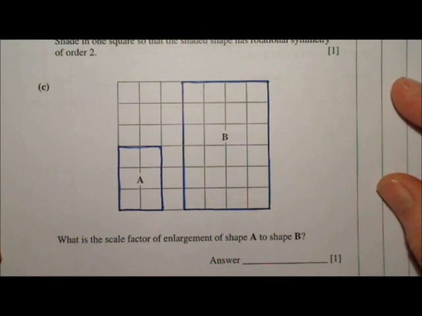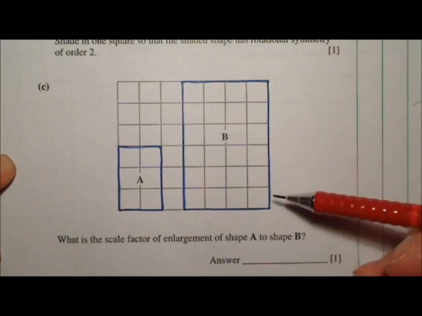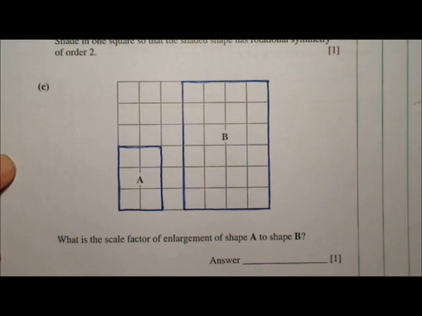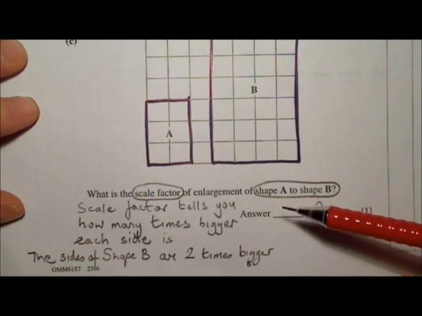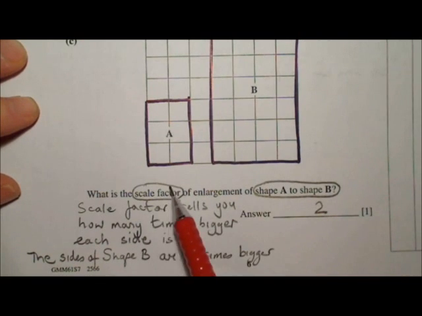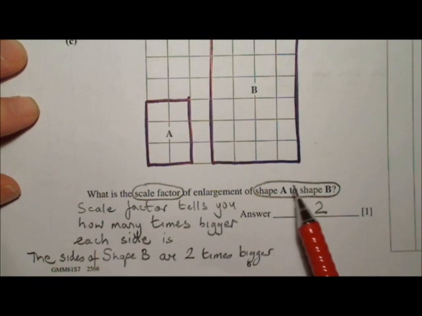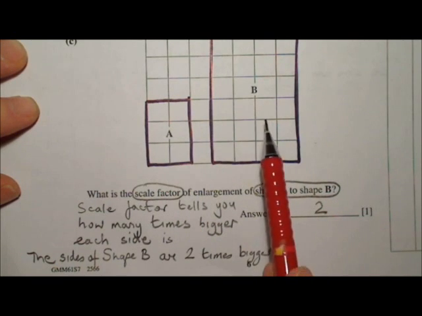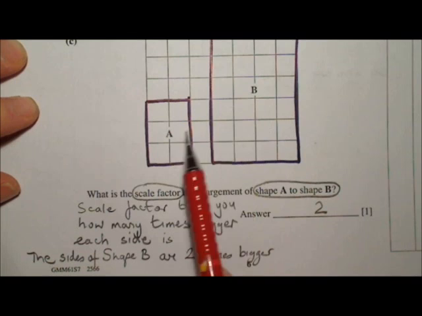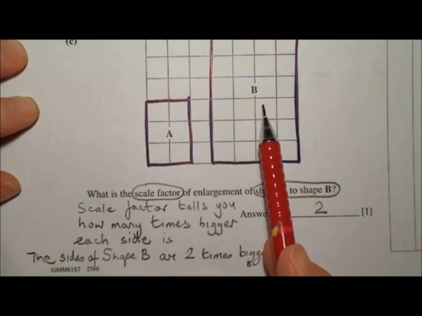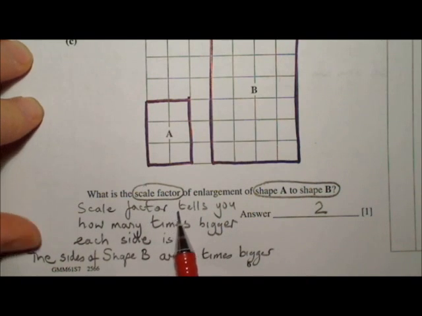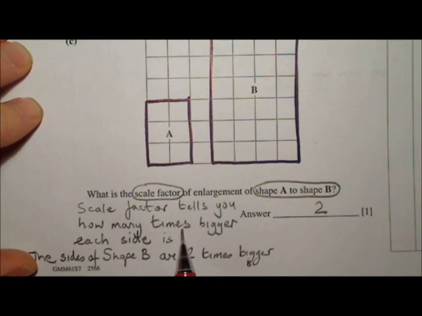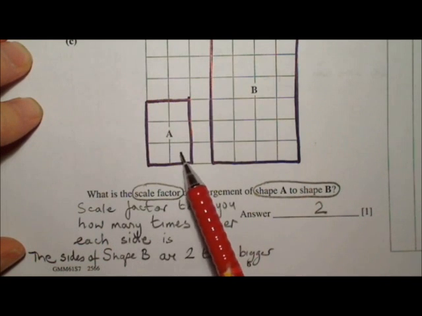Okay, question 5c. If you want to have a look at that one, we'll go through it. Okay, this is 5c. We're asked what the scale factor of enlargement is from shape A to shape B. Hopefully you can see shape A is getting bigger when it goes to shape B. So we're looking for the scale factor, which tells you how many times bigger each side of the shape is.